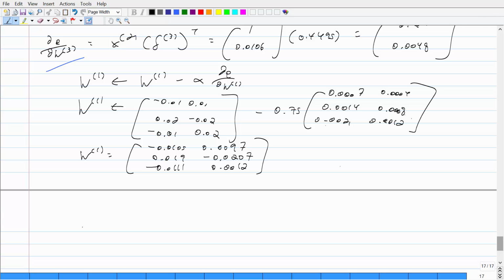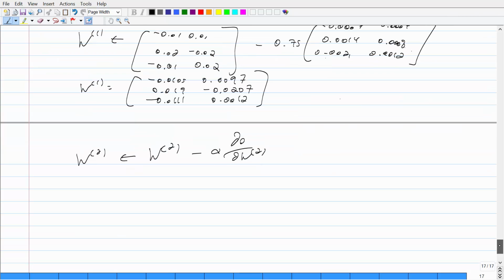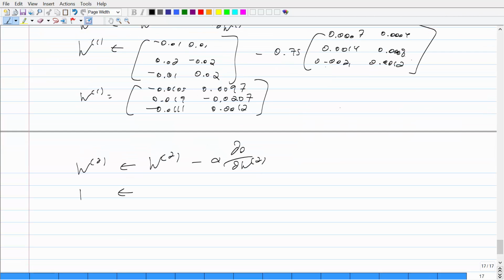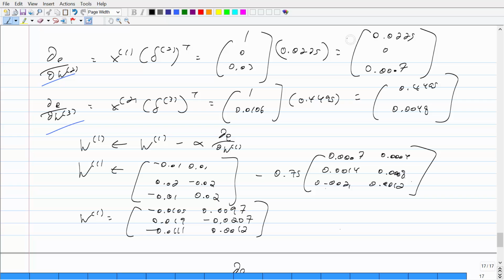And then you just repeat this for the other matrices. It's quite simple. You take the current matrix, apply your learning rate, and then apply the gradient for that particular matrix. So the second one was equal to 0.01, 0.03, 0.02, minus 0.75, and then I'll just take the weight matrix from before, up here.